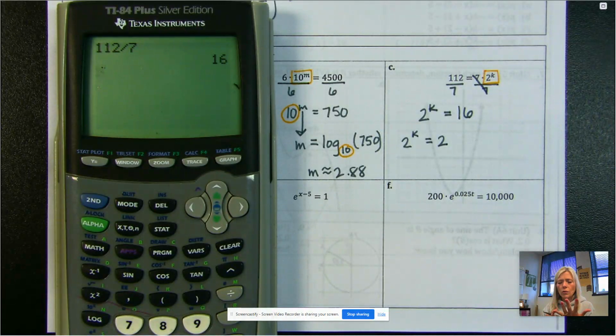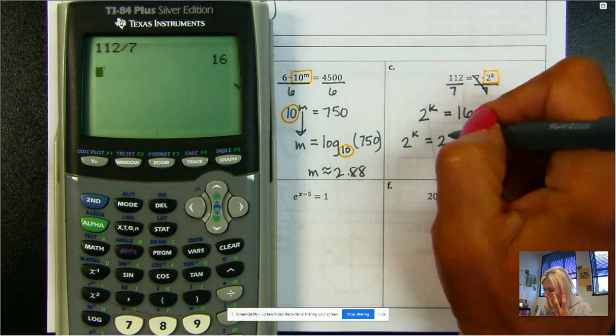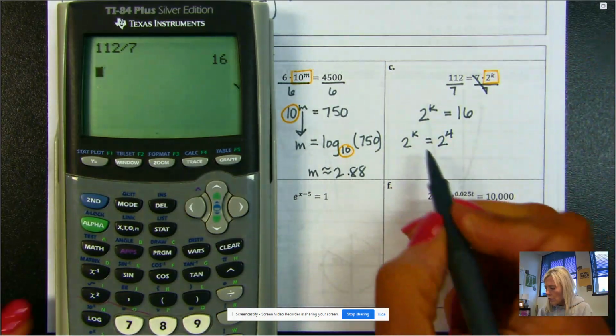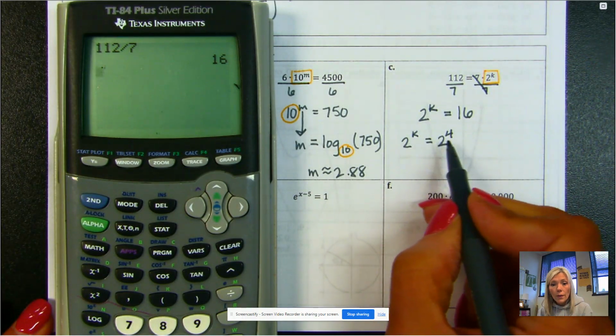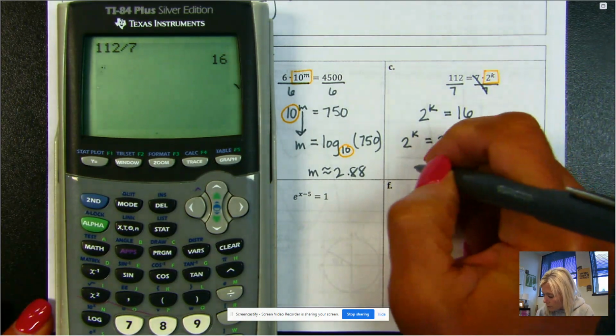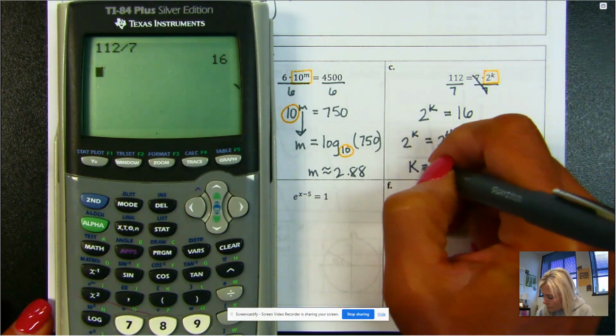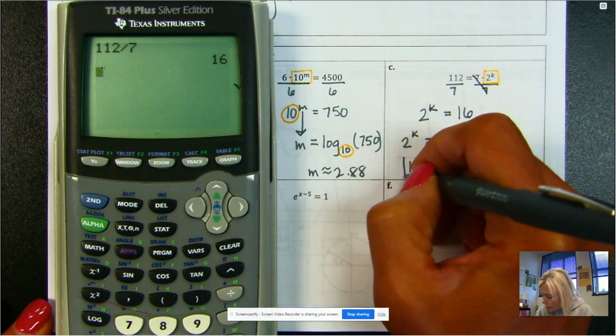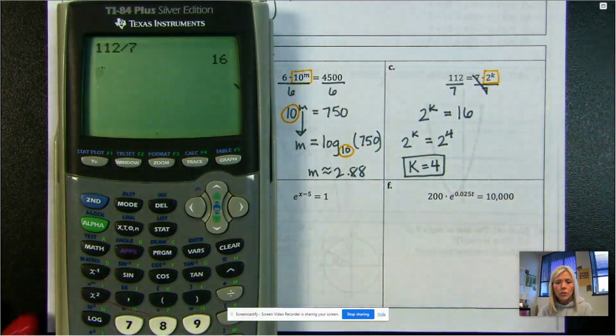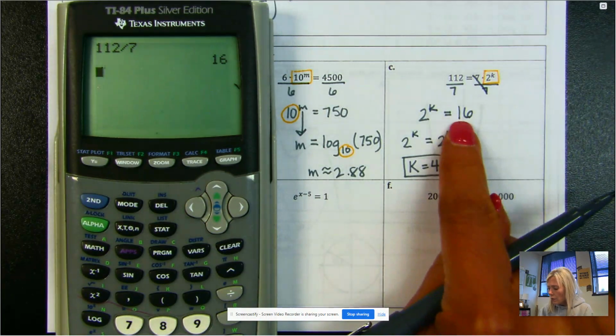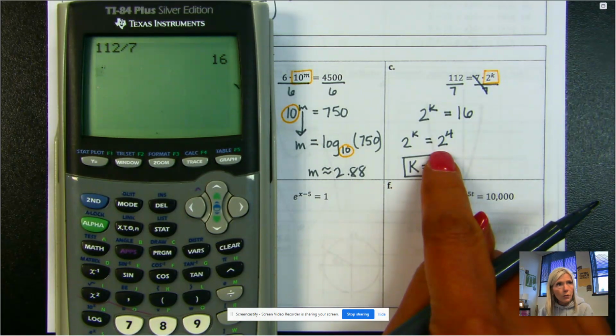So 2 times 2 is 4, times 2 is 8, times 2 is 16. So 16 is equal to 2 to the 4th. And so right now I can see the exponents have to be equal since the bases are equal.